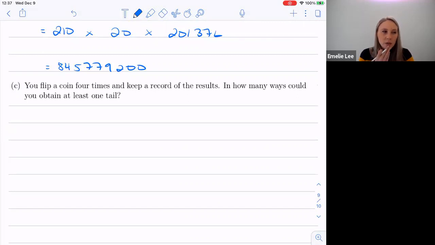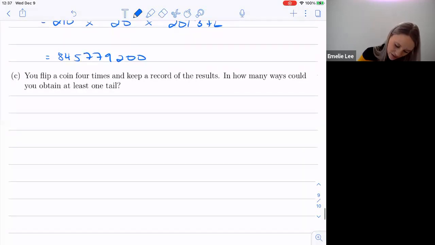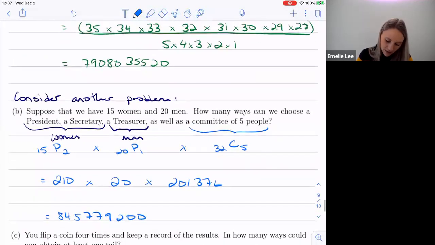So what I'm going to do is, again, just make slots. You could have made slots here as well, right? You could have done a slot for the president, a slot for the secretary. The first slot, you have 15. The next slot, you have 14 to choose from. And then the treasurer had to be a man, and so then you had 20 to choose from.